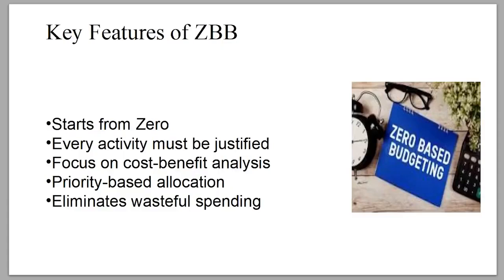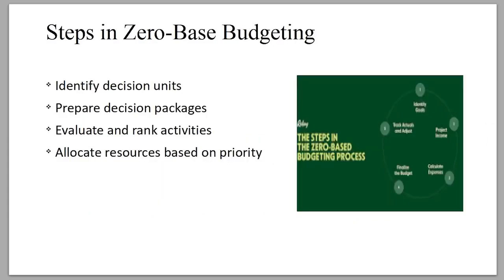Now let us understand the process. There are four main steps. Identify decision units. This means dividing the organization into small departments or activities. For example, health department, education department, transport department.